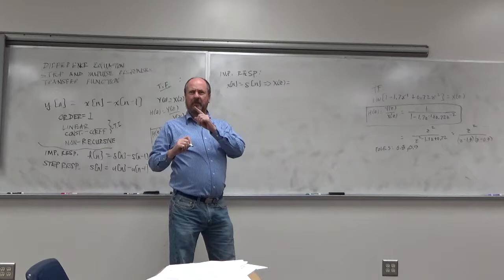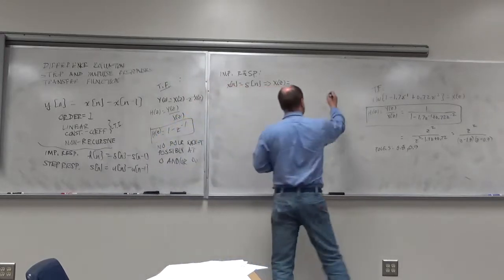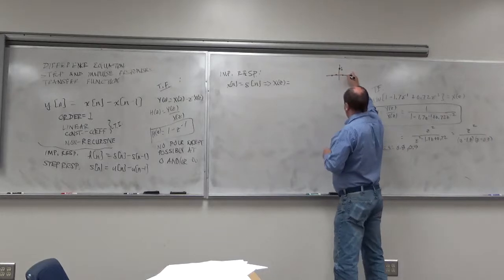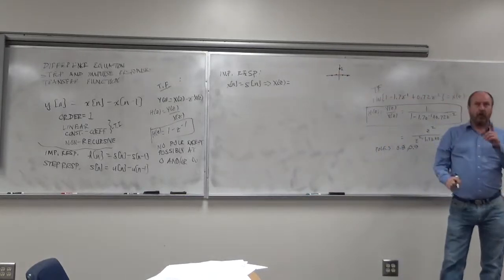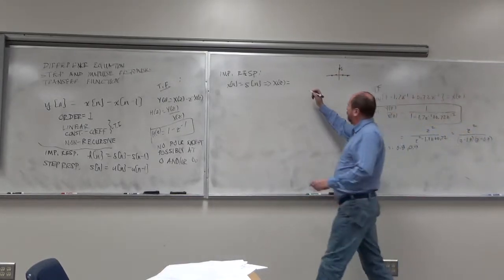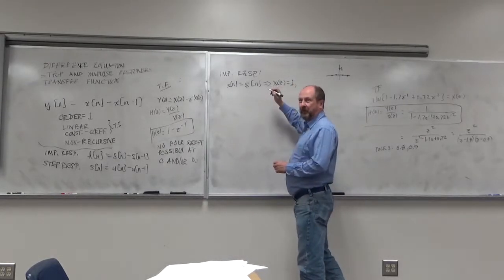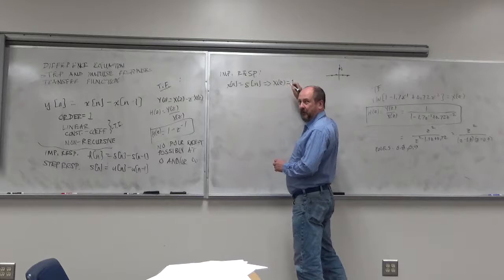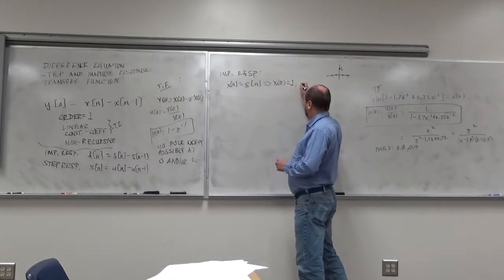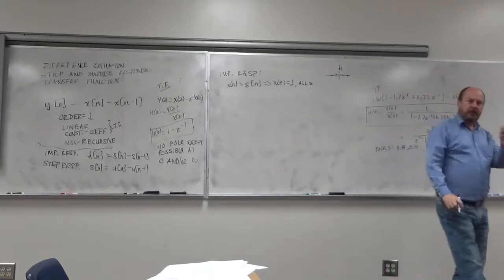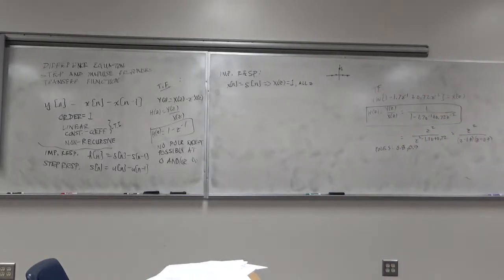I remember that, don't you? The impulse function is 1 right there, 0 everywhere else, just 1. And so it's 1. What about the ROC then? I answered that one for you. What about the region of convergence? All z? Okay, this puts no restriction on the region of convergence.